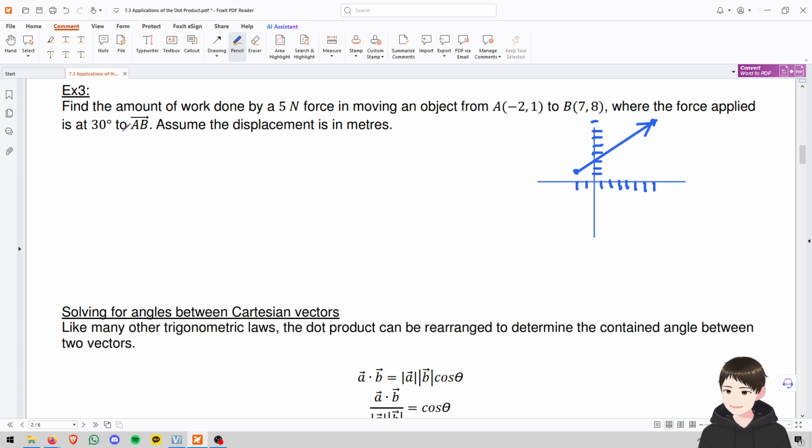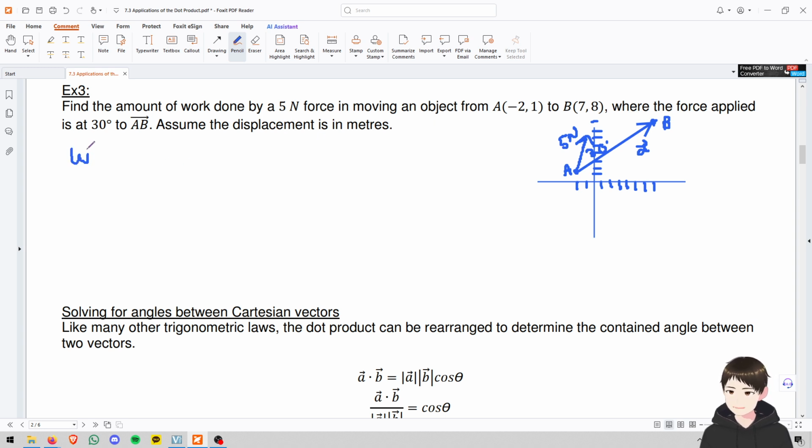The force applied is 30 degrees to AB. So this is my displacement vector, obviously. I am applying a force of 5 newtons that is 30 degrees to AB. So this is my picture.